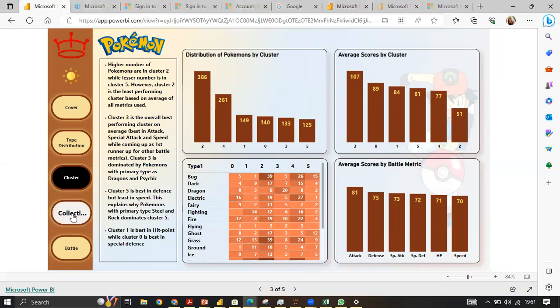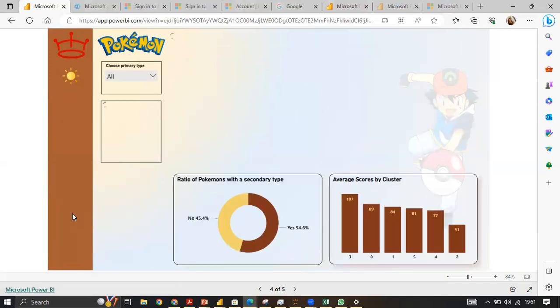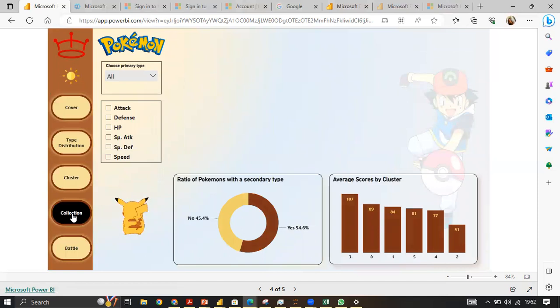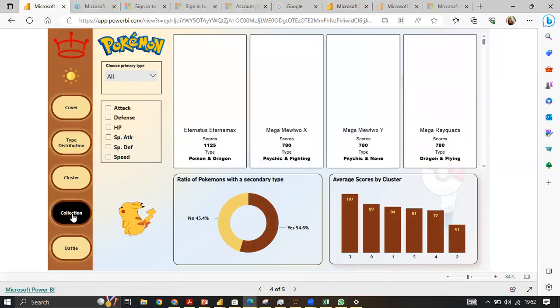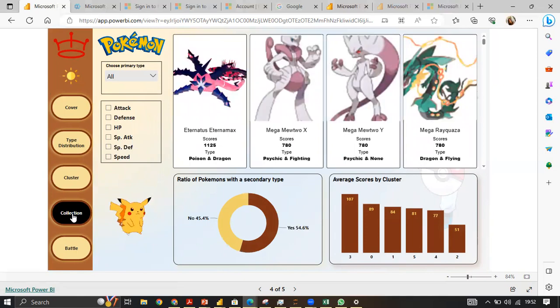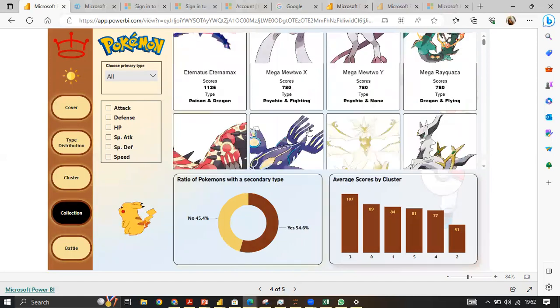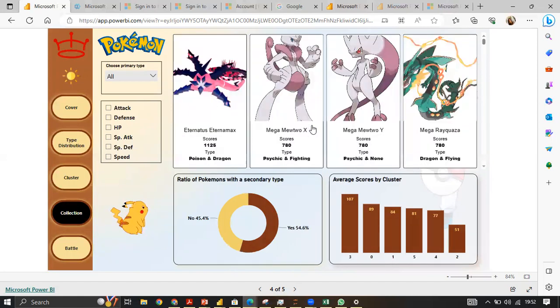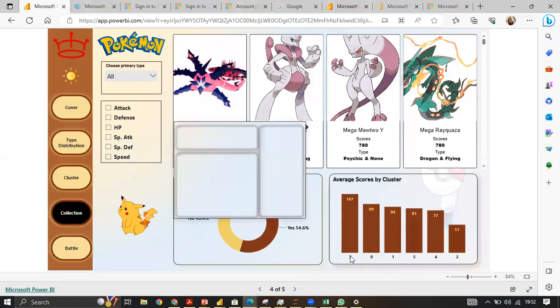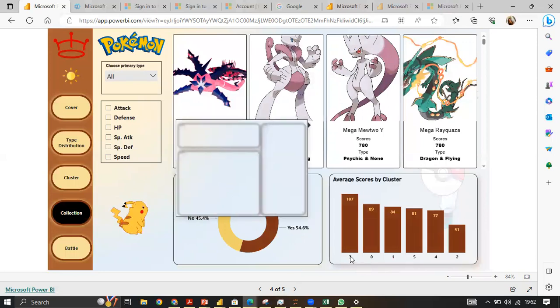Based on collection, I produced this page on collection so we can explore these clusters more. By default, I have the best Pokemon. I can scroll down to others, but if I want to see the Pokemons in cluster 3, I'll click on 3.